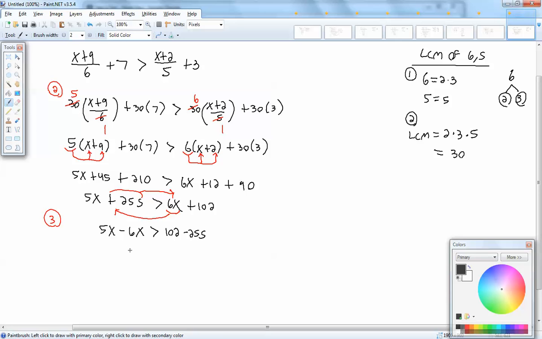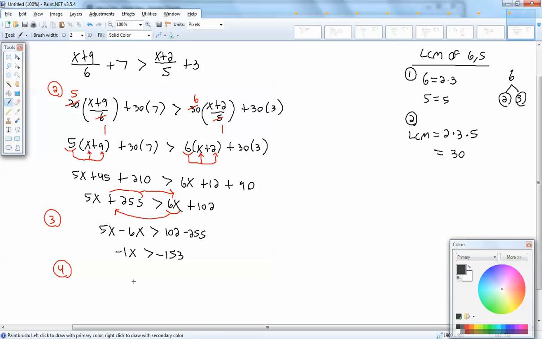Now at any step, combine together like terms. 5x minus 6x is negative 1x, greater than, this is like a basic math error waiting to happen. 102 minus 255 is negative 153.